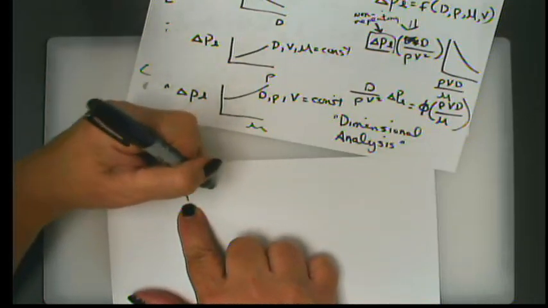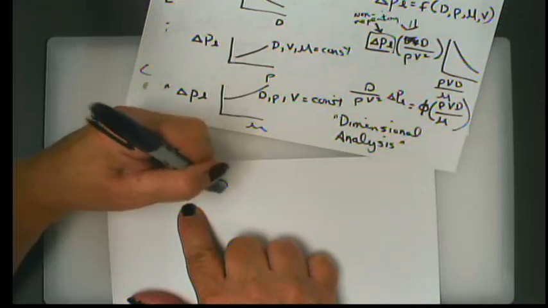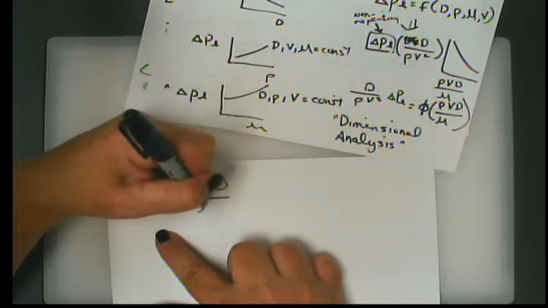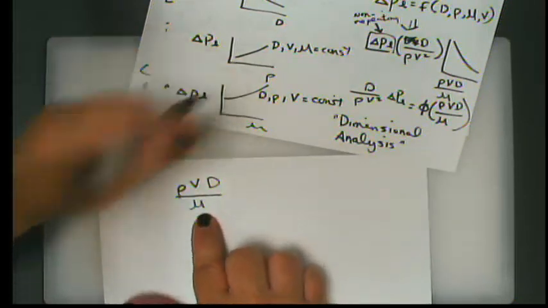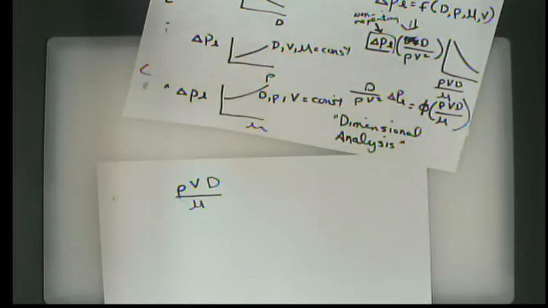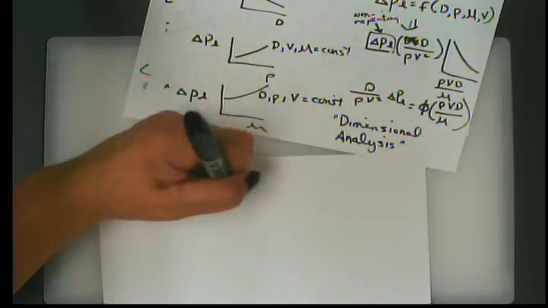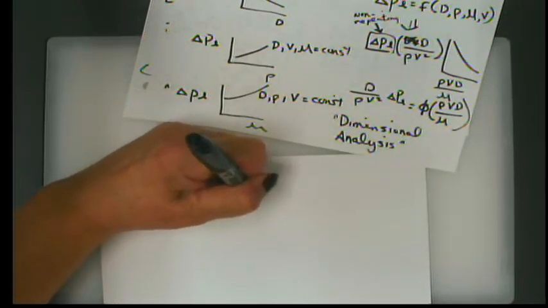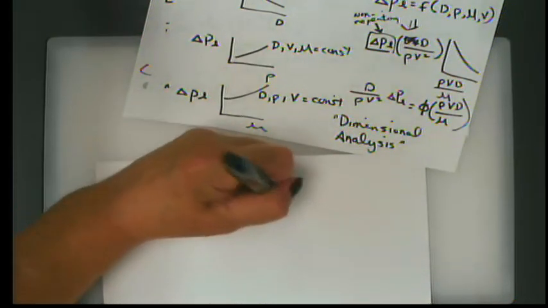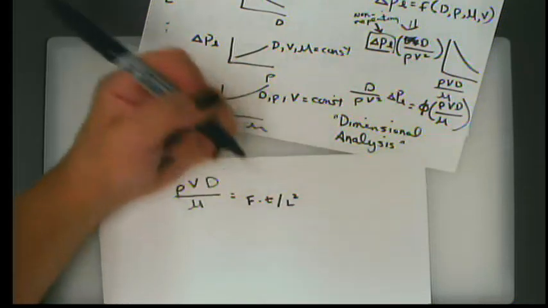And we have density, velocity, diameter over viscosity. All right. Now, if you look at viscosity, dynamic viscosity is in dimensions of force, time per length squared.